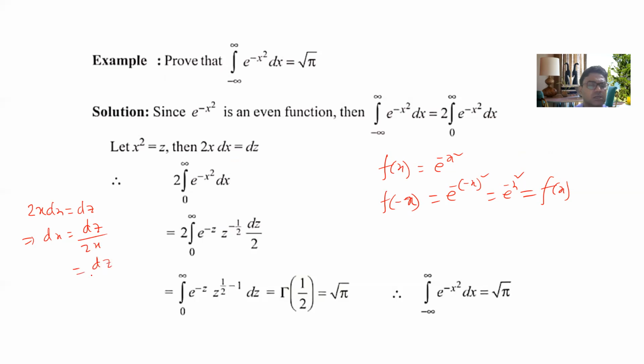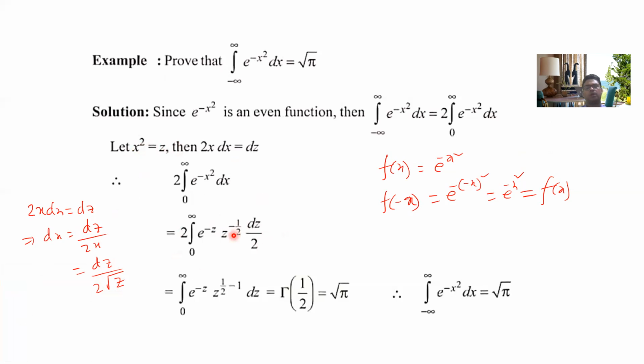What is this? dz by 2 root z. Clear or not? Because x square equals z, that is x equals root z. So when you substitute dx equals dz by 2 root z, you have this.